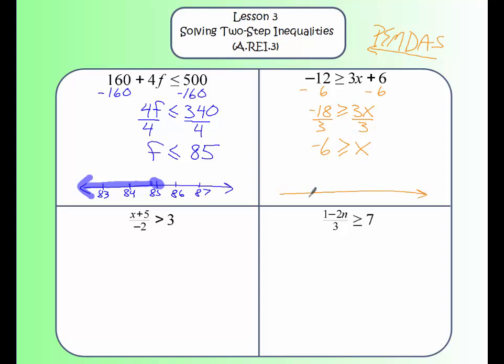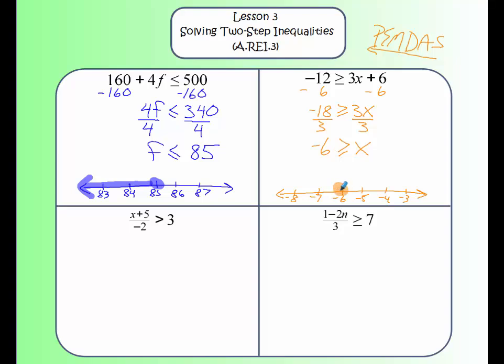So if I wanted to put this on a number line, I could say that's negative 6, negative 7, negative 8 going that way, negative 5, negative 4, negative 3 going that way. It is greater than or equal to, so that symbol tells me that I need to put a closed dot at negative 6.